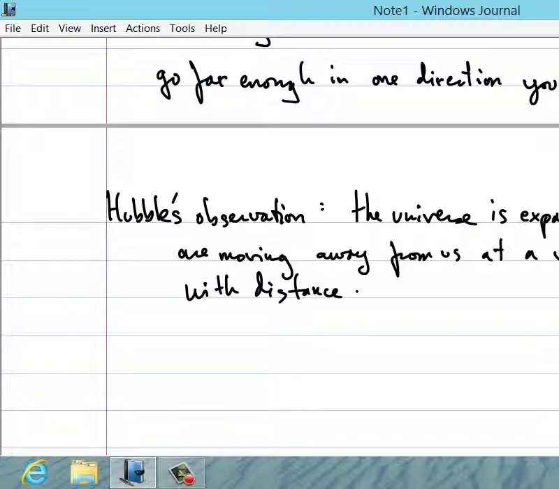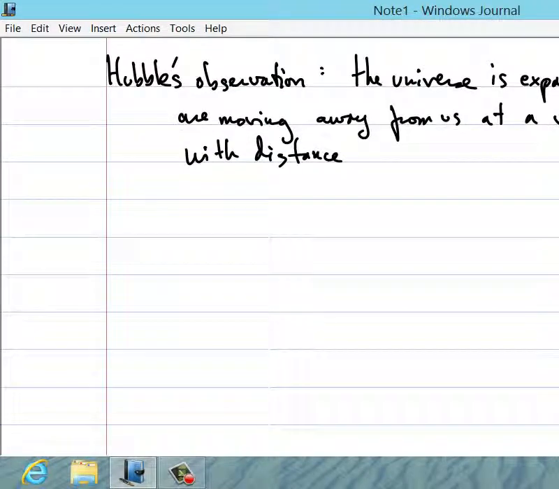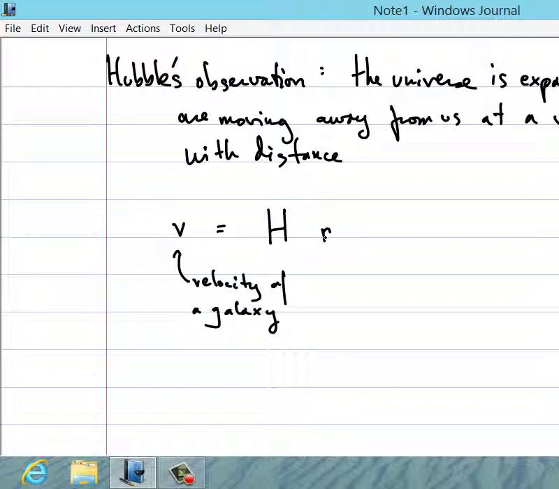So in particular, if you imagine that you sit in some observatory and you look at some galaxy, that galaxy will be moving away from us. Here v is the velocity of a galaxy, and it'll be moving away from us with some velocity that is a constant times the distance to the galaxy.